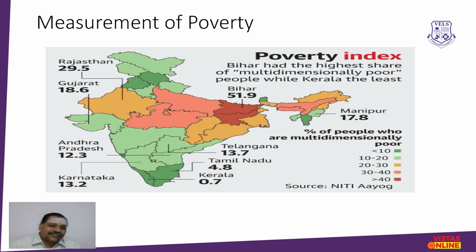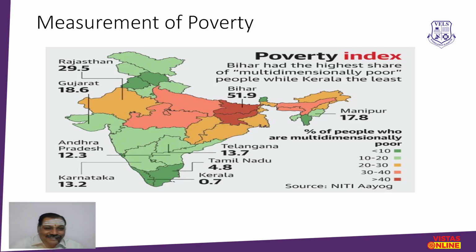Next is Gujarat, where 18.6 percent of people have no money, no education and other things. Next to Gujarat, Manipur, 17.8% of people are living below the poverty line, and Andhra Pradesh is 12.3, Karnataka 13.2, Telangana 13.7, and Tamil Nadu, our state, has 4.8% of people living below the poverty line.